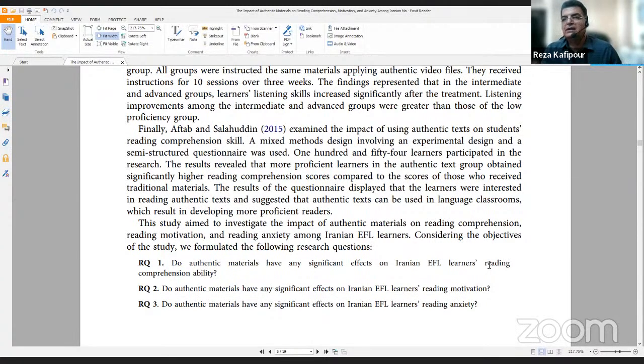But we do not have any independent research on the authenticity of the material. So this is a gap. We want to have some independent research in which we do not have any conflict of interest, and see whether this material is okay to be used or not. This is the point.